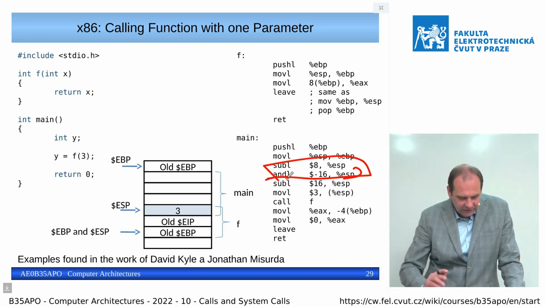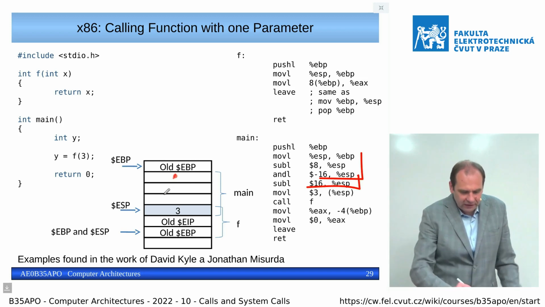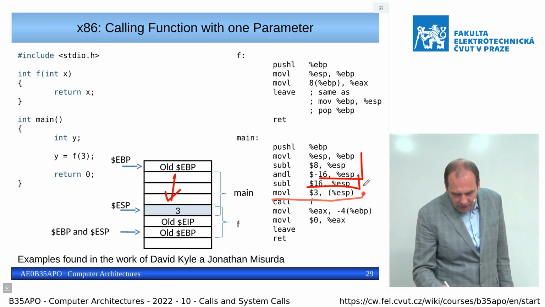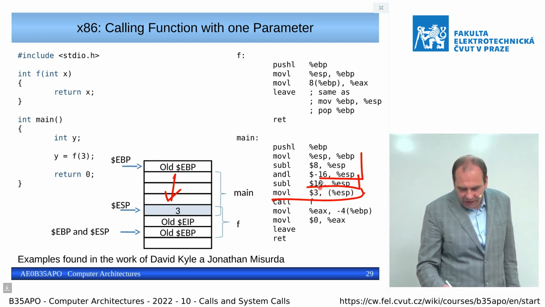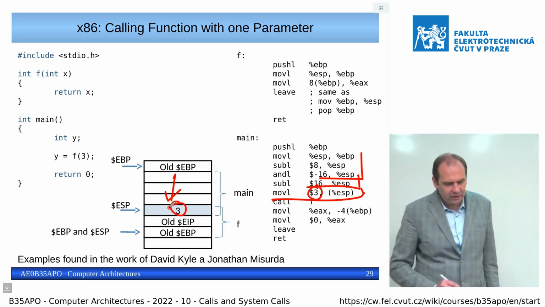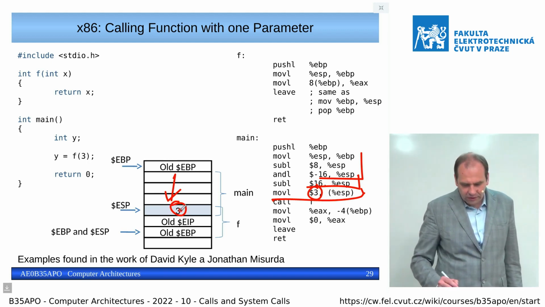So we align it to 8 bytes, in fact, or 16 bytes. Then we subtract the 16 to make some space there on the stack. And into this already allocated space, we can store this 3. So in fact, we have stored the parameter for the given argument directly onto the stack.